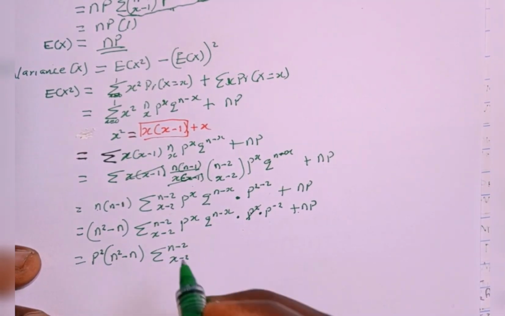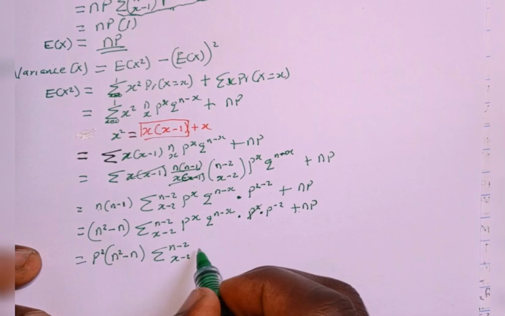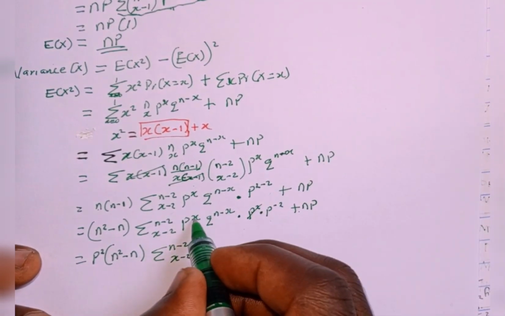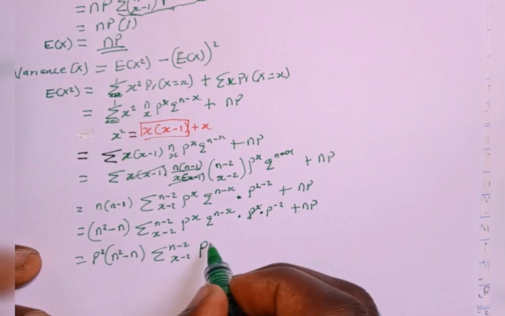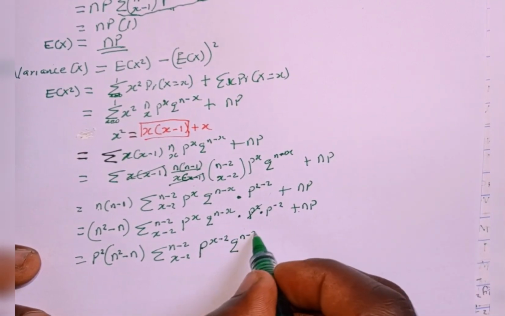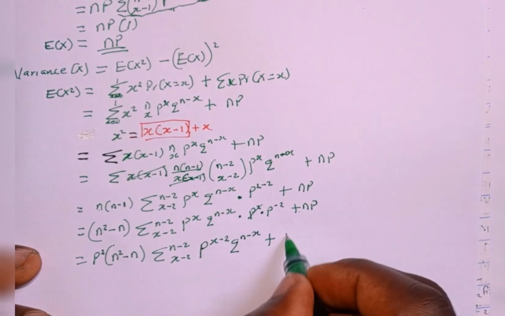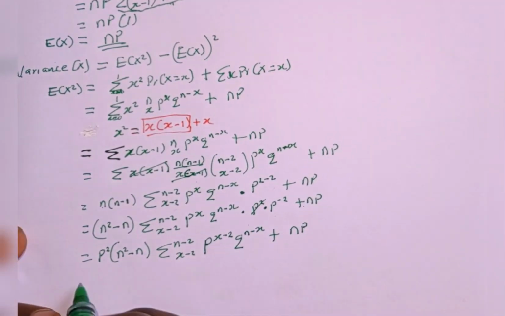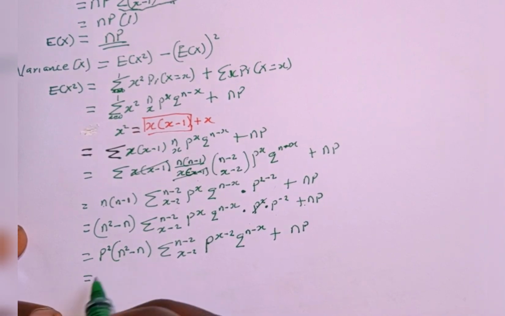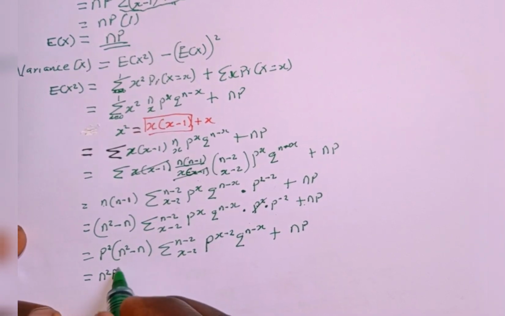The bases are the same, and according to the exponential law of indices, we write one of the bases, then we add the powers. X plus minus 2 is the same as what? X minus 2. Then what? Q raised to the power of n minus x. Then plus what? Np. So if we expand this, we're going to have what? N p squared multiplied by n squared is the same as what? N squared p squared.